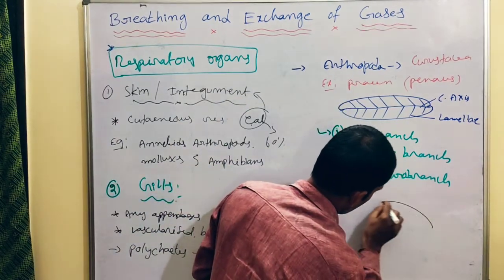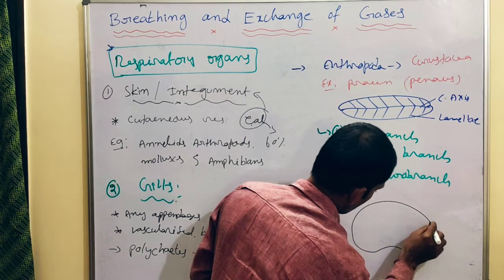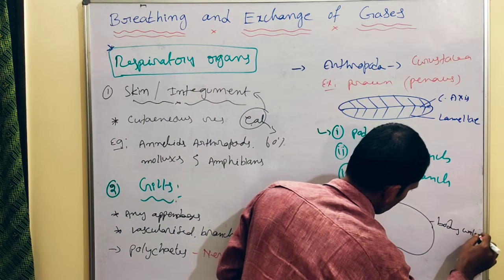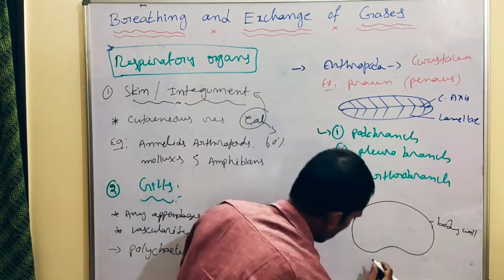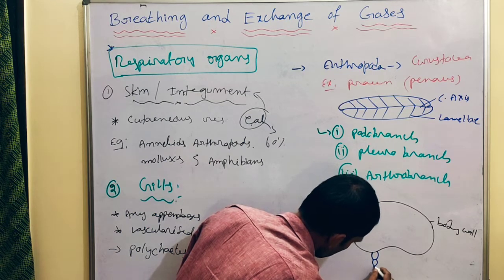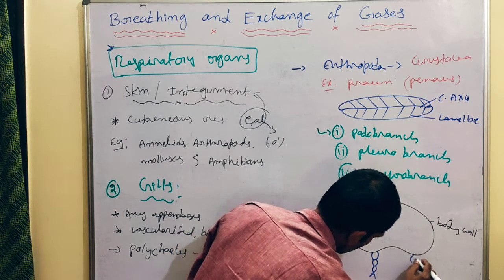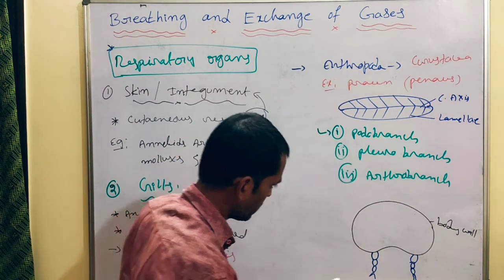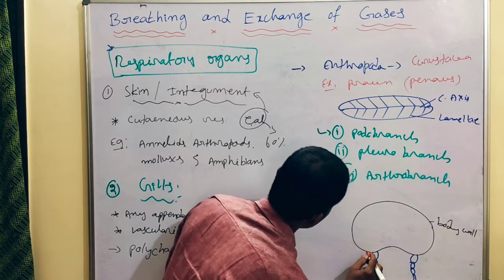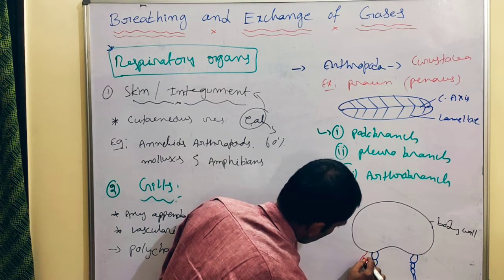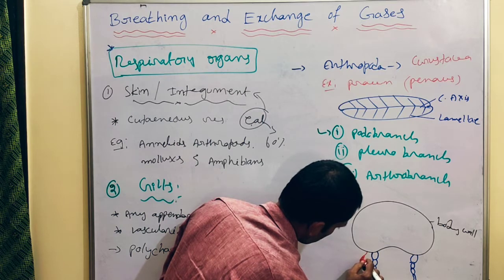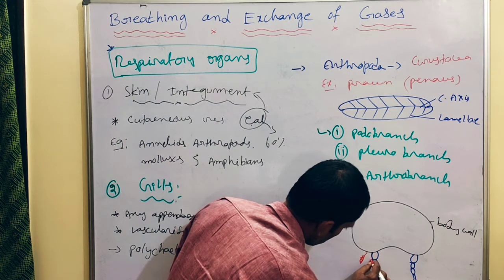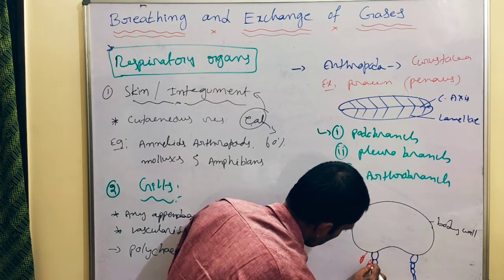This is one segment of the prawn. This is the body wall. There are some appendages. Then there are some leaf-like structures attached to the body wall like this. Some of them are attached to the coxa. This is the coxa.